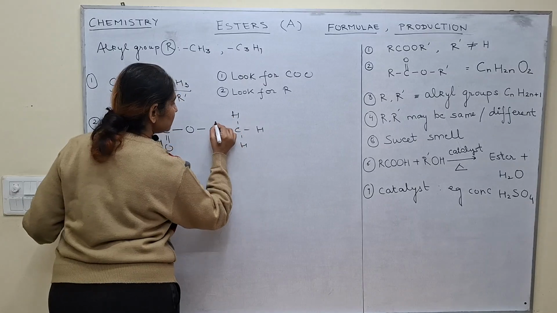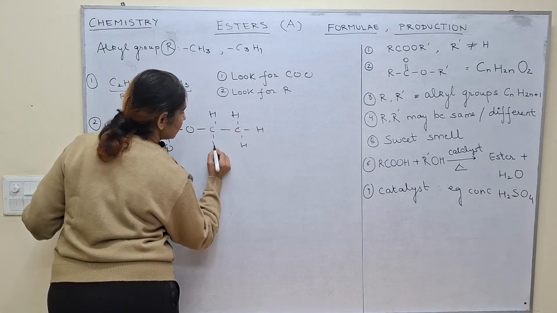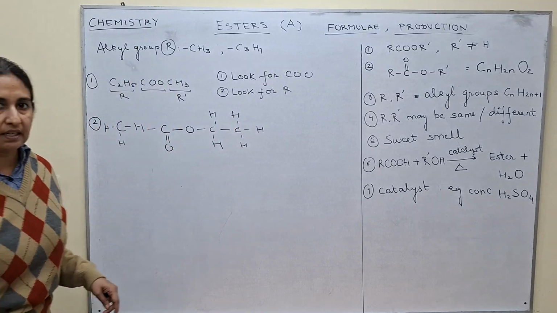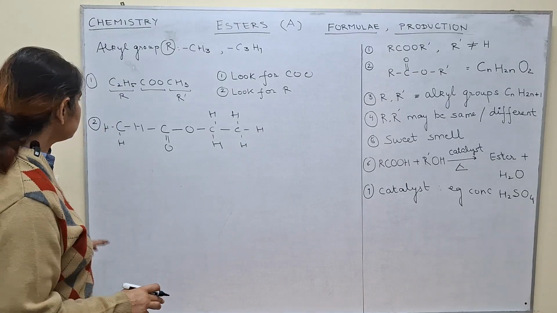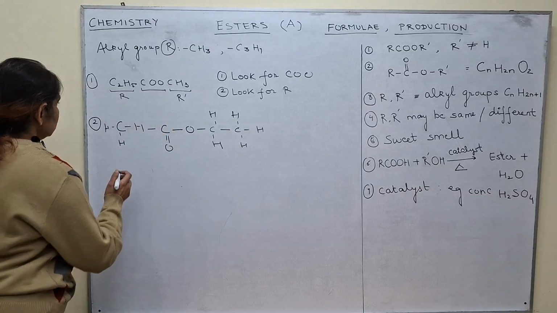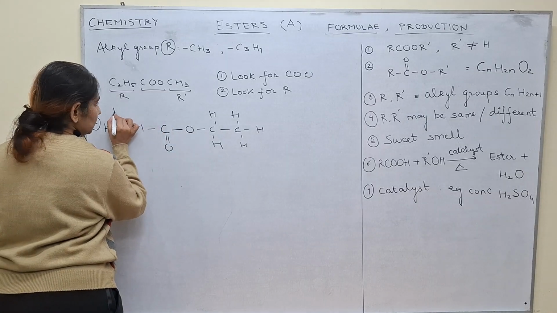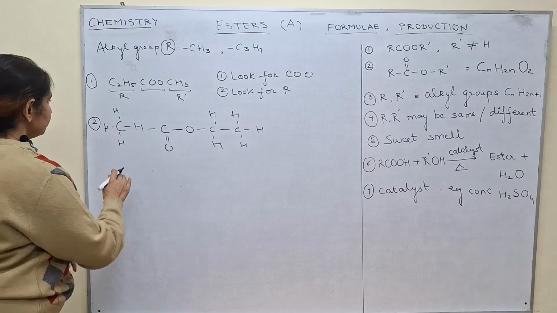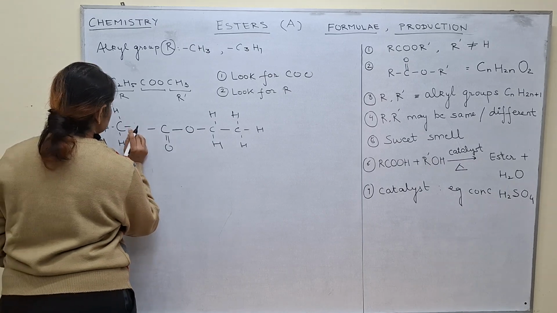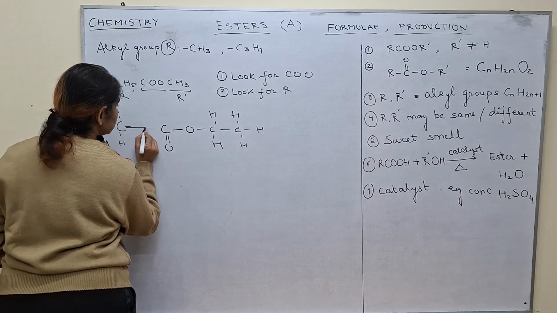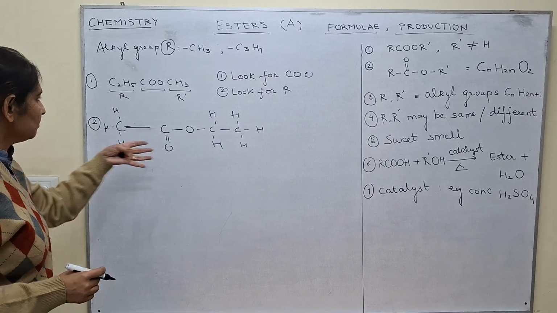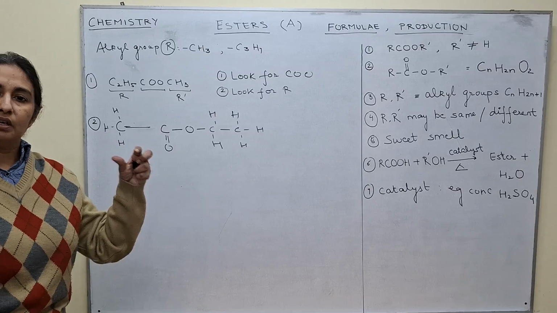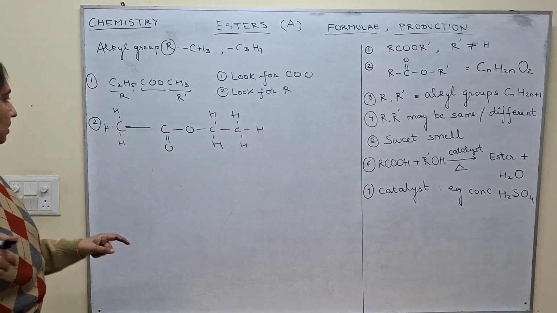नाउ ये किसी कंपाउंड का एक्सपैंडेड फॉर्म लिखा है. I hope you understand expanded formula and compact formula. ऐसे तो समझ आने से रहा, तो पहले इसको हम कॉम्पैक्ट फॉर्म में लिख देते हैं.